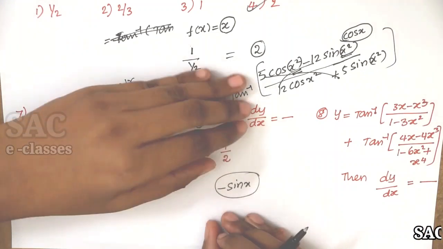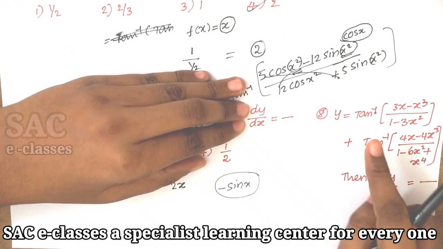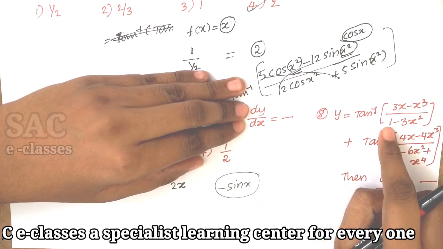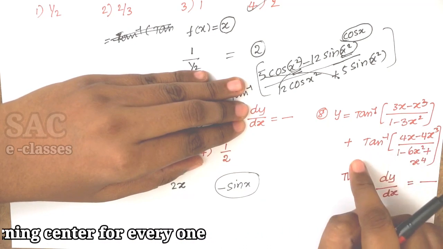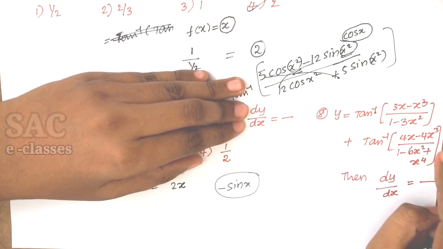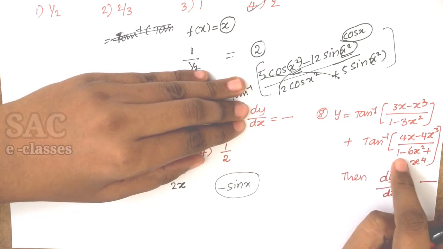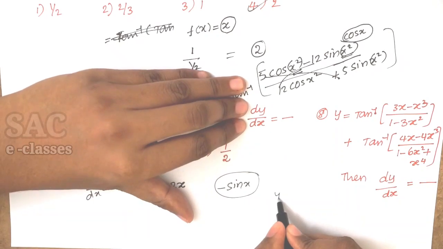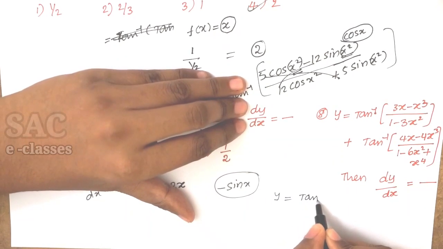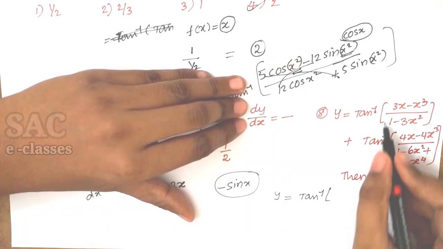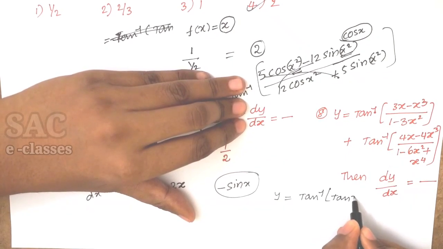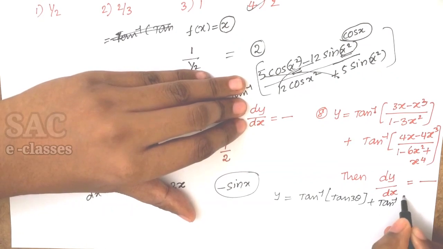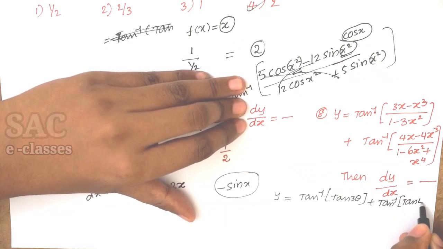Let us move to the 8th problem. y equal to tan inverse of (3x minus x cube) by (1 minus 3x square) plus tan inverse of (4x minus 4x cube) by (1 minus 6x square plus x power 4). By this we can guess that by choosing x as tan theta, this entire value will become tan 3 theta. In the same way, tan inverse tan 4 theta.